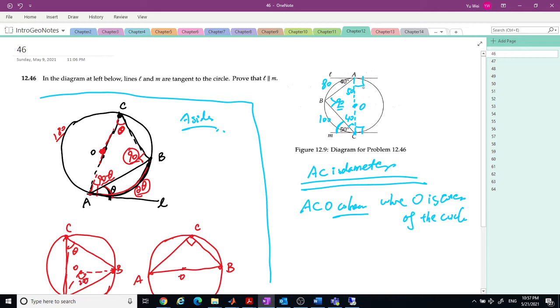So 90 plus 90 is 180. From this 180, you can see L is parallel to M. I leave all the process; you can write the process based on the discussion.